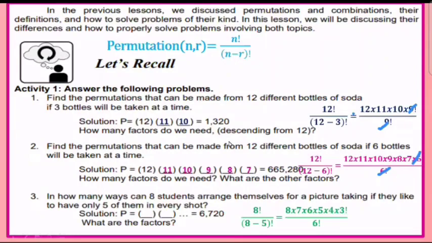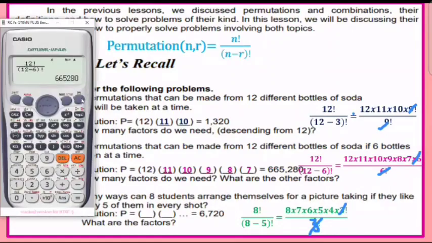Ang value ng n natin is equals to 8, and the value of our r is equals to 5. So 8 factorial divided by 3 factorial. Si 3 factorial cancel out. Matitira na lang sa atin 8 times 7 times 6 times 5 times 4, is equals to 6,720 itself.